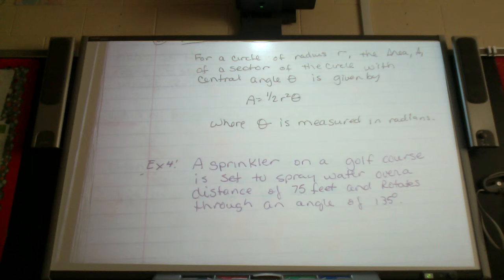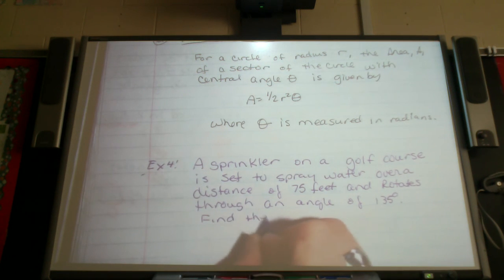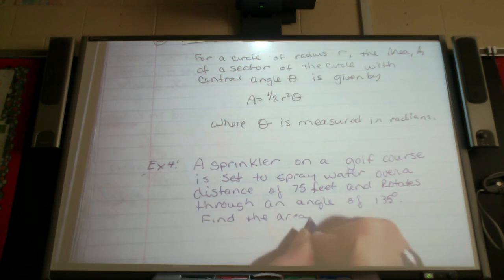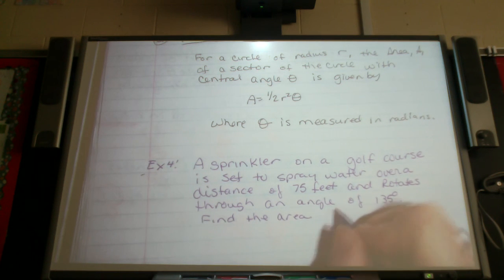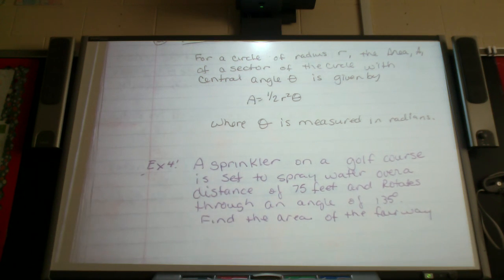Find the area of the fairway watered by the sprinkler.